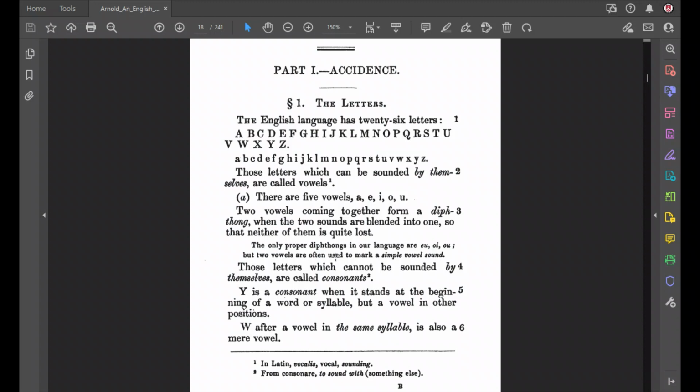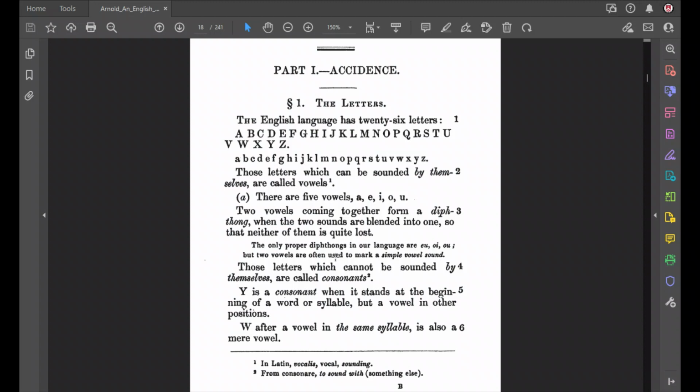They can be spoken by themselves in a syllable. In the second class of letters we learned about were consonants, and we said that consonants cannot be sounded by themselves in a syllable, but must be joined to a vowel. So we have two classes of letters, vowels and consonants.